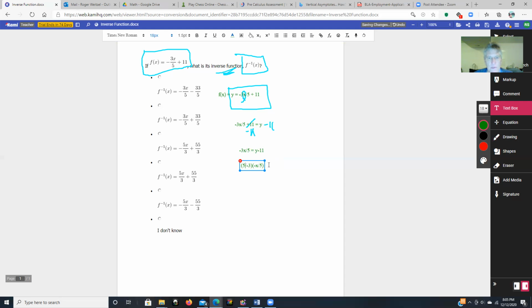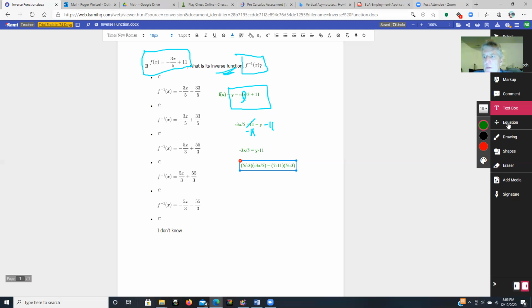And then we're just going to do the same thing to both sides. So we're going to have y minus 11, and we're going to multiply that by the same thing. Again, we're multiplying both sides by the reciprocal, which is 5 divided by 3.